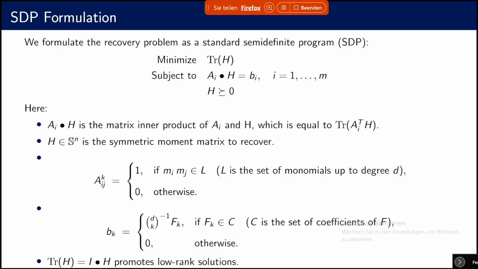The matrices A_k are defined as follows: if the product of the monomials is in L, A_k takes 1, otherwise it is 0, and L here is the set of monomials up to degree d. The same holds for the right-hand side of the linear constraint, b_k. It is given by the coefficient of the polynomial multiplied by the inverse of the multinomial coefficient if f_k is in the set of coefficients of f. Otherwise, it is 0.